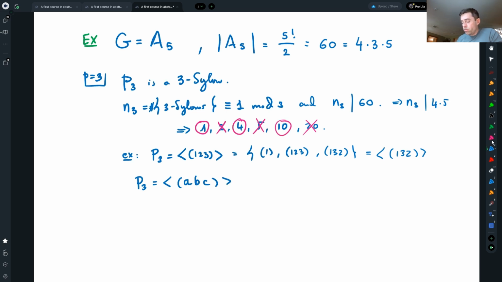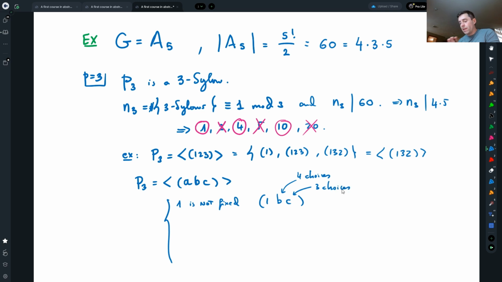If 1 is not fixed, then my permutation starts with 1, and then B and C: 4 choices for B and then 3 choices for C. We'll deal later with the fact that each subgroup contains 2 of them, so I'll divide by 2 later on.